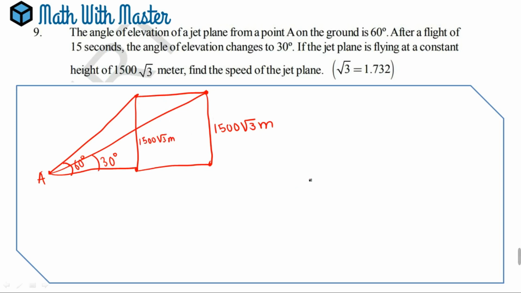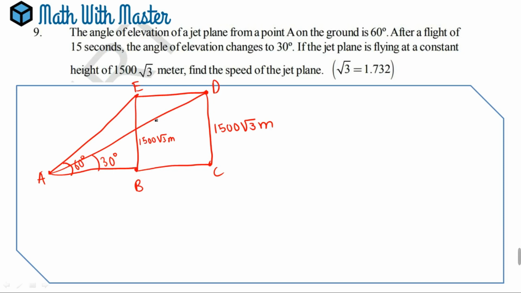So now we will name the points. This is point B, this is point C, this is point D, and this is point E. Now we want to find the distance BC.